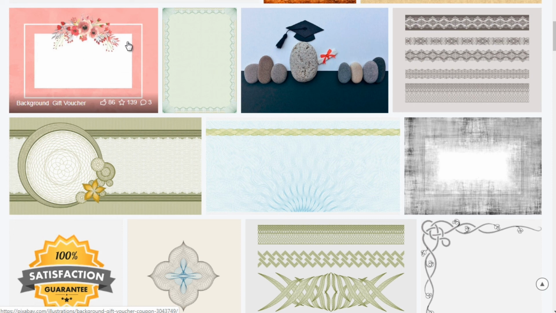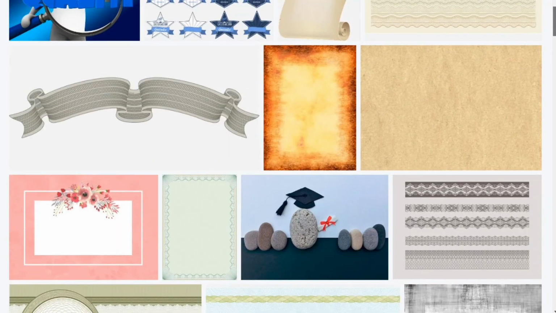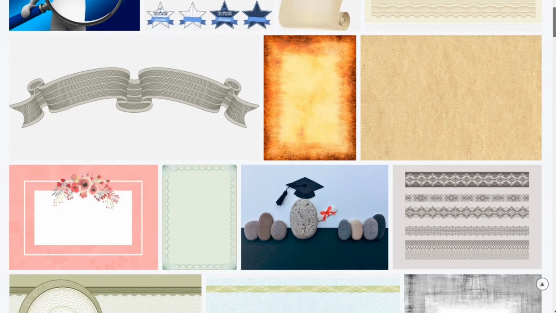So it's okay to have some words, but you do want to have some bare spots. For example, if you had a certificate with a lot of words like this, that would not work. All you need to do is simply download one of these.